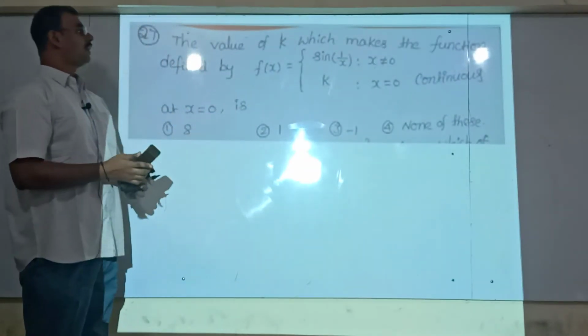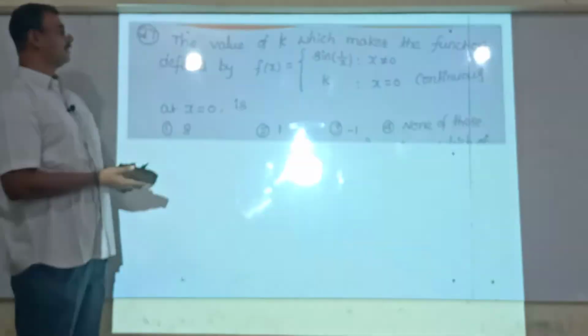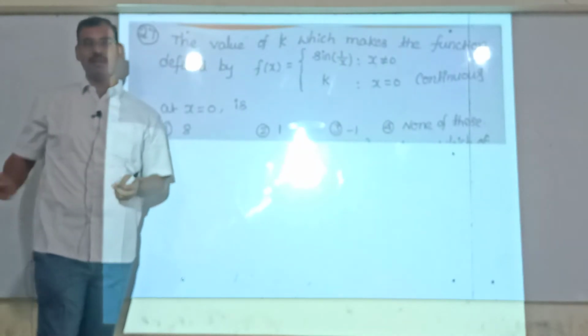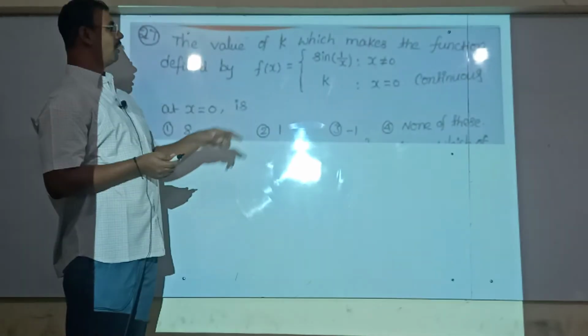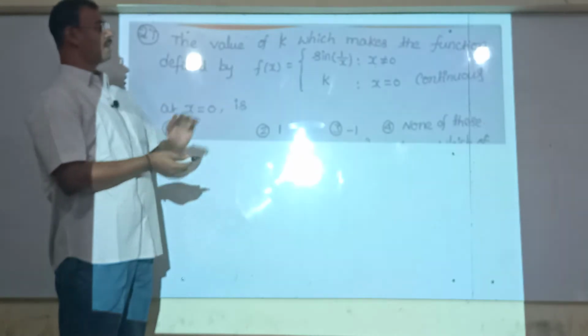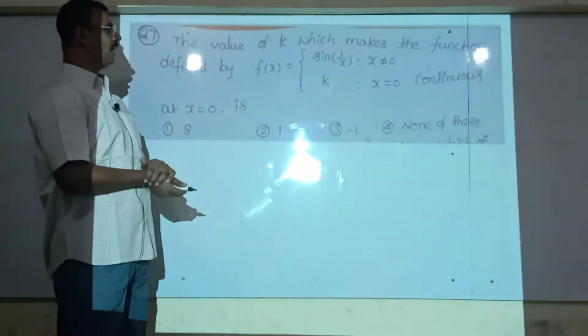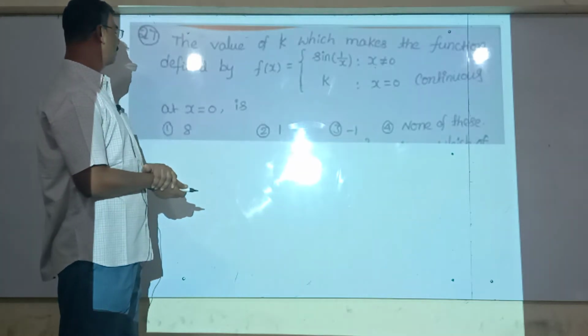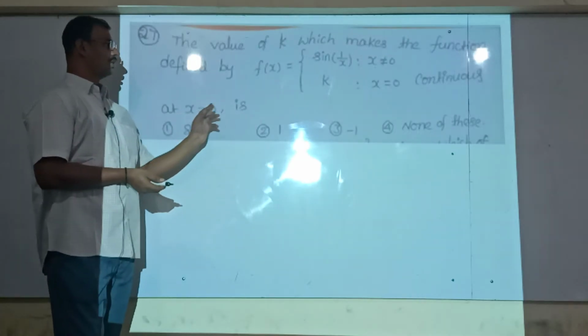The value of k which makes the function defined by f of x is equal to sin of 1 divided by x if x does not equal 0, and k if x is equal to 0, continuous at x equal to 0, is.